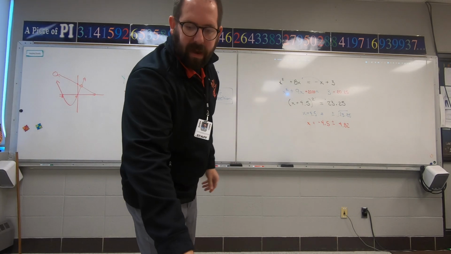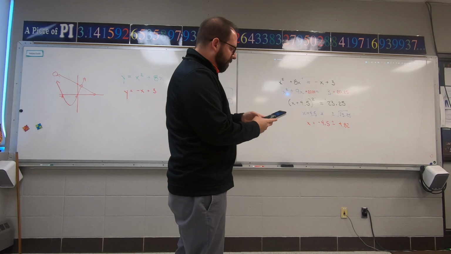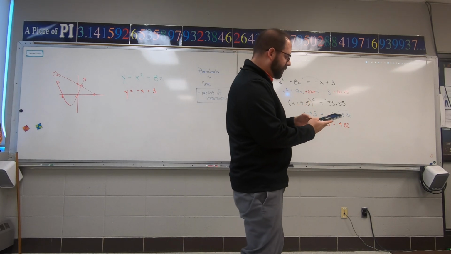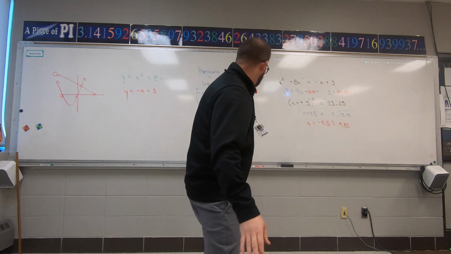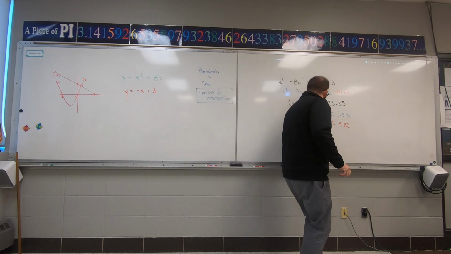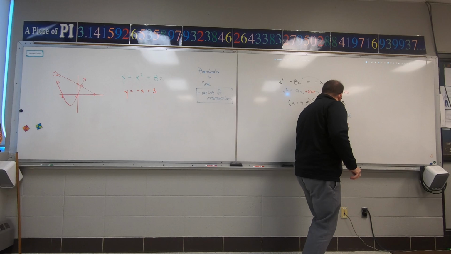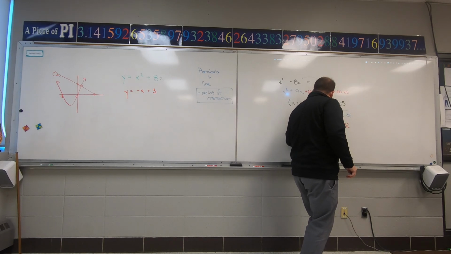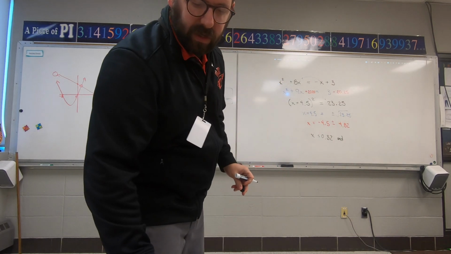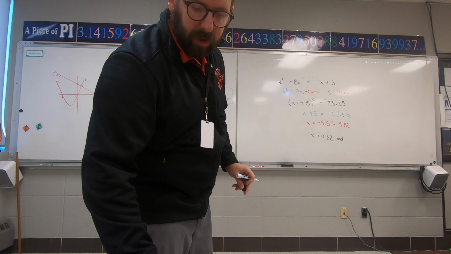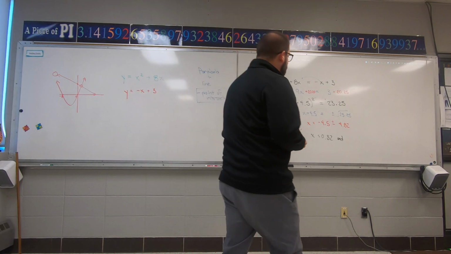So if I actually do the math here, -4.5 plus 4.82, I'm getting 0.32. And if I subtract them, -4.5 minus 4.82, I'm getting -9.32.